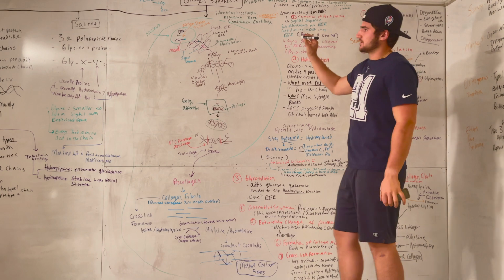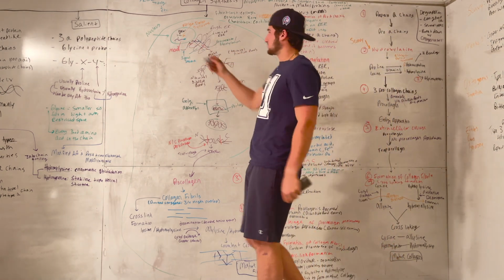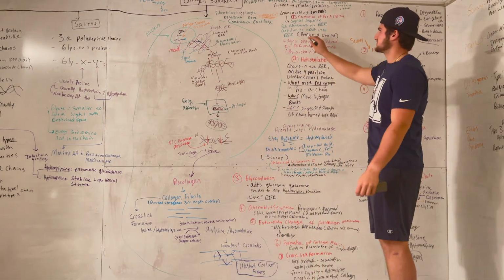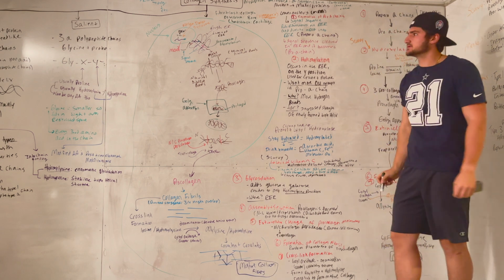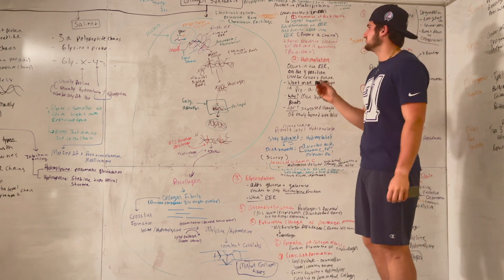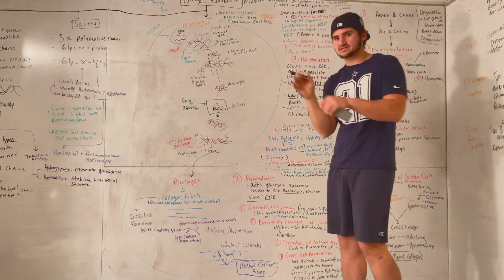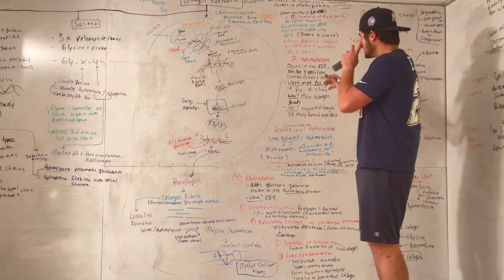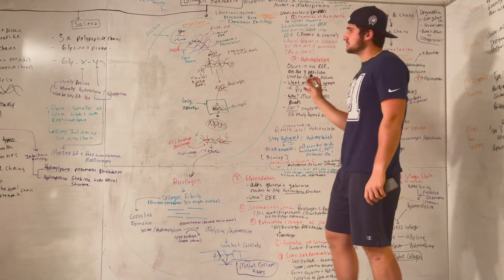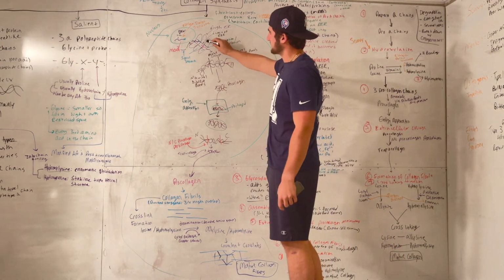When the mRNA leaves the nucleus, we're in a pre-alpha chain. It's also known as preprocollagen alpha chain. So in the nucleus, it's a prepro-alpha chain. However, when it leaves the nucleus, the mRNA gets a signal sequence to attach to it. That signal sequence is going to put ribosomes onto the rough ER.